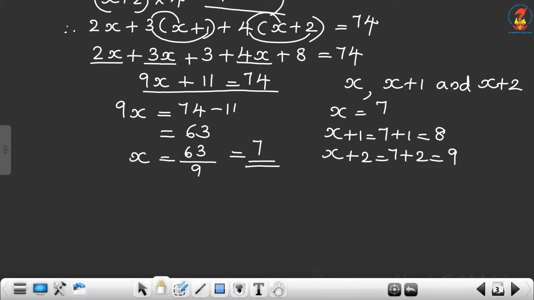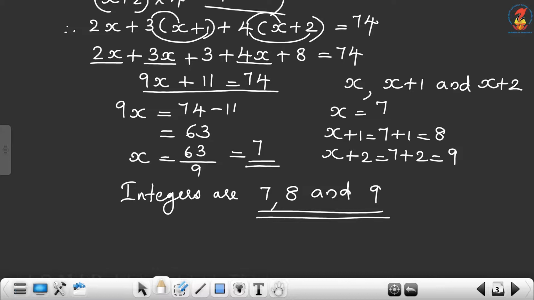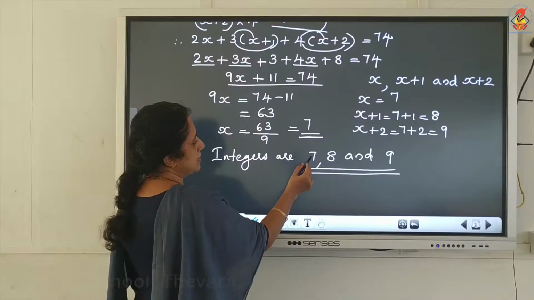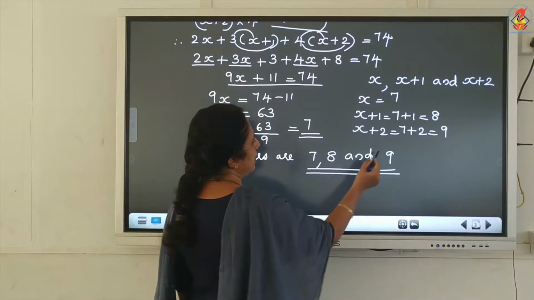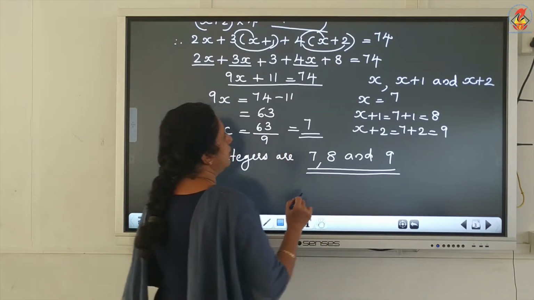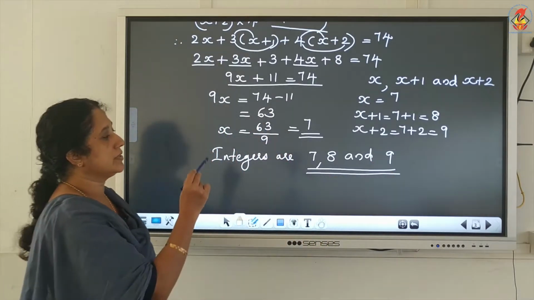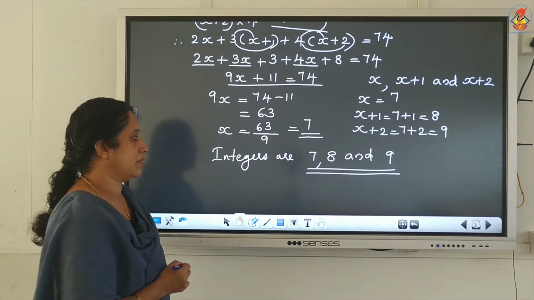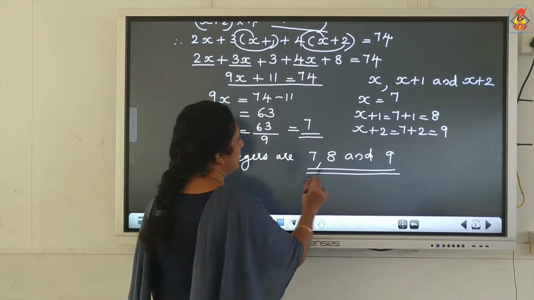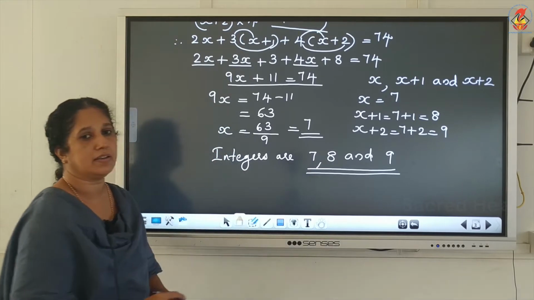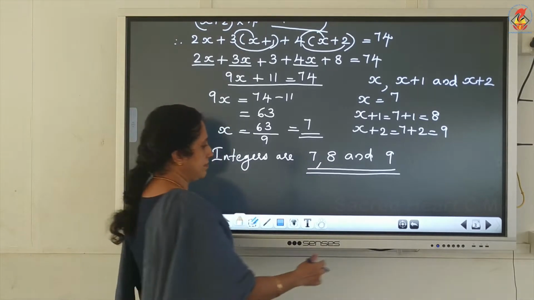So the integers are 7, 8 and 9. When you multiply them, first one by 2, second one by 3 and third one by 4, and add up, you get the sum as 74. The question was to find the integers, so the integers are 7, 8 and 9.